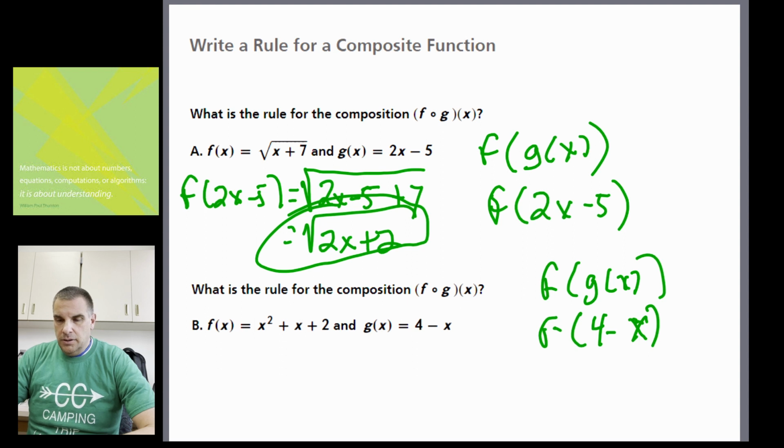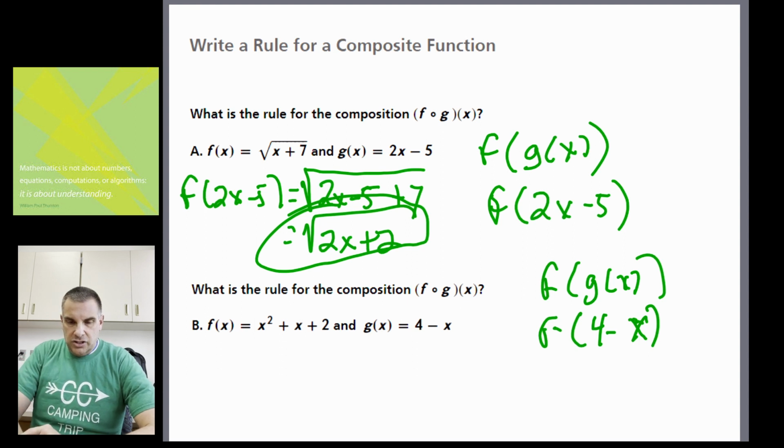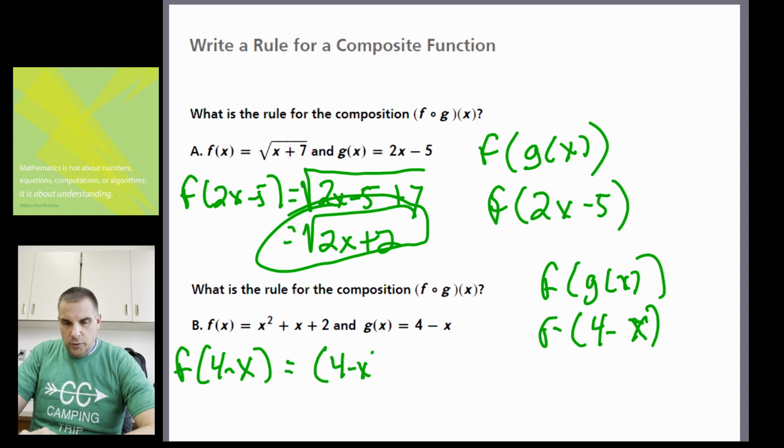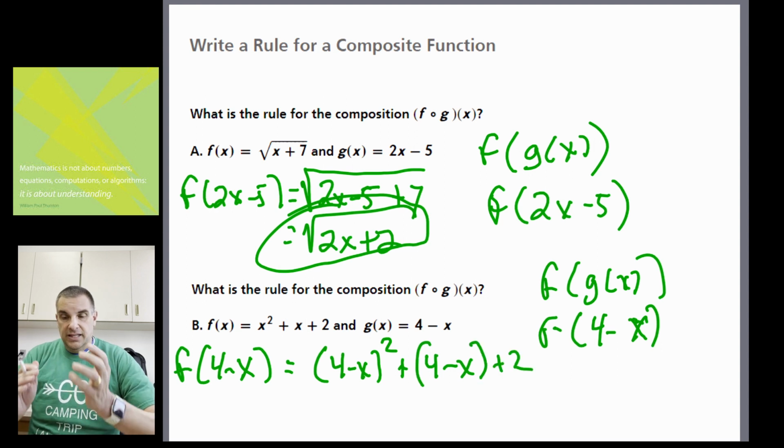So in my f function, anywhere I see an x, I'm going to replace it with 4 minus x. So that's going to equal x squared, so this has to go in parentheses: 4 minus x squared, plus x, so that's 4 minus x. Again, you can put it in parentheses, you don't have to, plus 2. I'm going to simplify this.